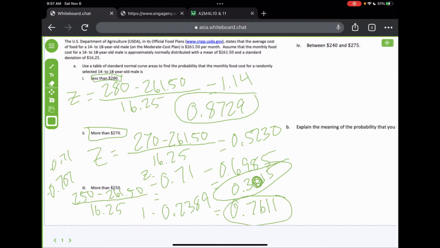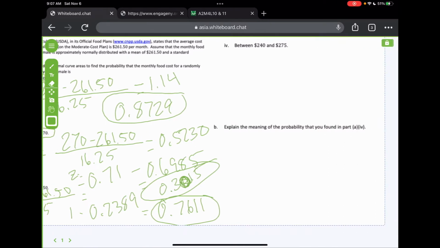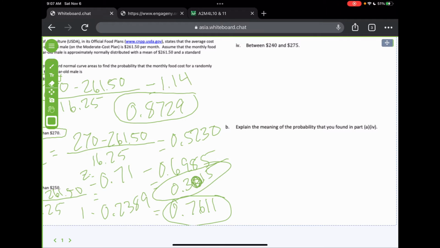All right. Now, here we have the ones that are in between. So remember on our graph, if we look at this, we would have something like this, because the mean is $261.50. This would be $240. This would be $275.